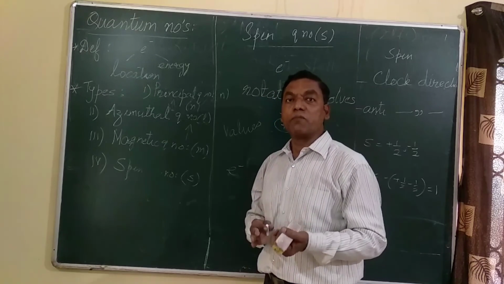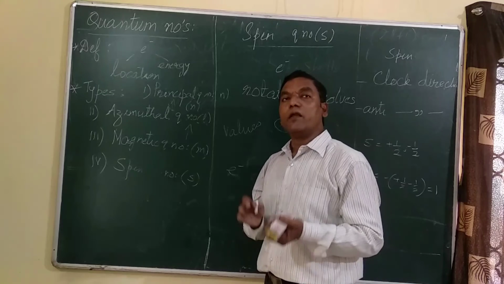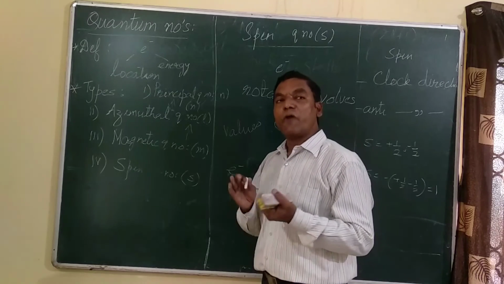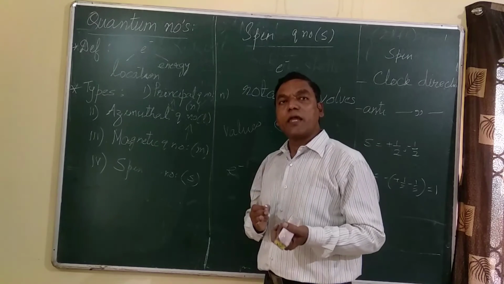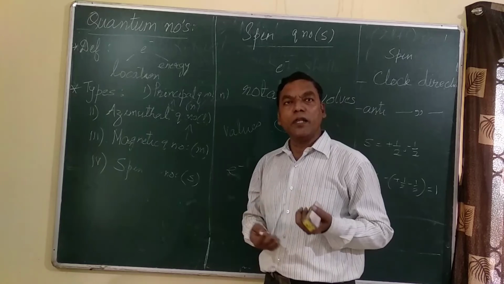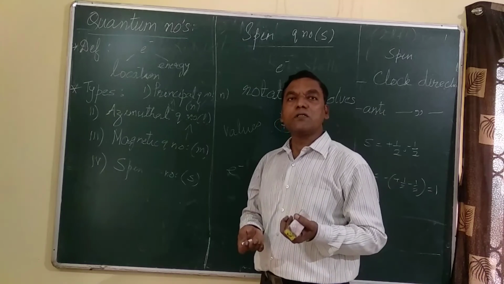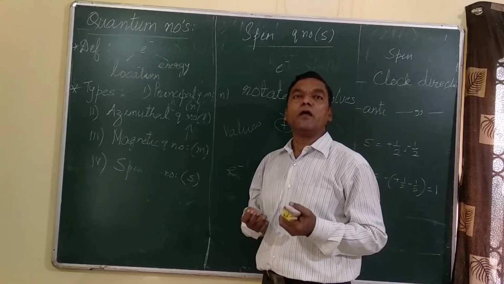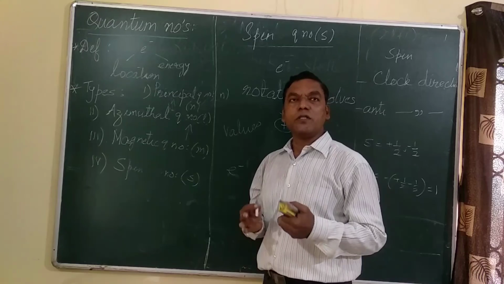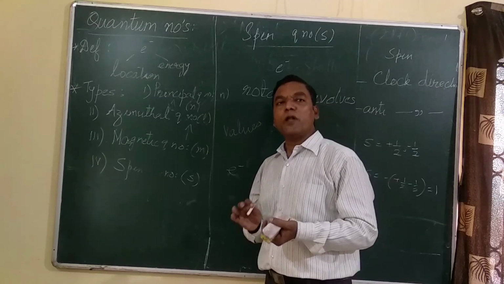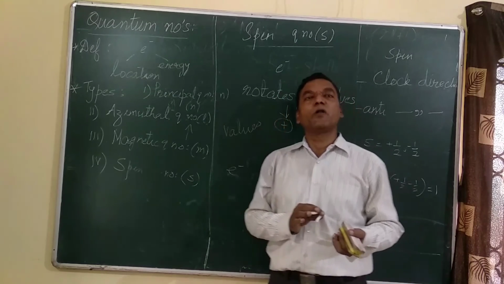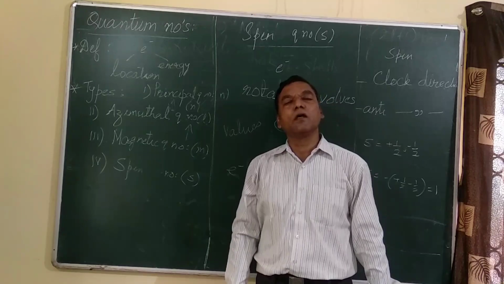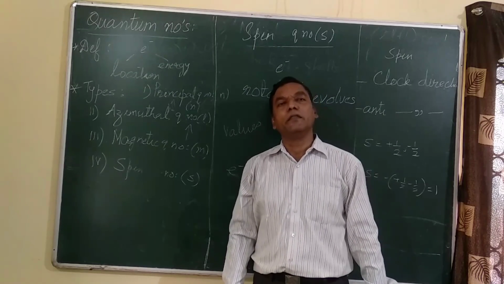It may be s, p, d, or f orbital. And finally, the last one, the spin quantum number, how the electron spins in the clockwise direction or anti-clockwise direction. So in this way we have covered an important article from the examination point of view, and that is quantum numbers and their types.